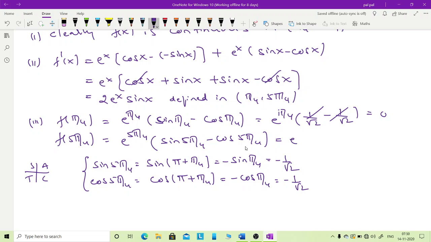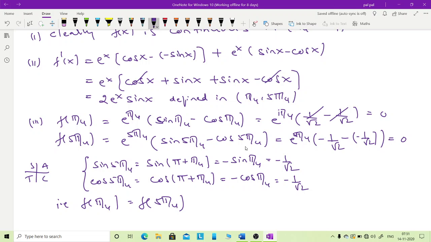So its value can be written as e to the pi by 4, e to the 5 pi by 4 into minus 1 by root 2 minus of minus 1 by root 2, which is equal to 0. This gets cancelled. So f of pi by 4 is equal to f of 5 pi by 4.